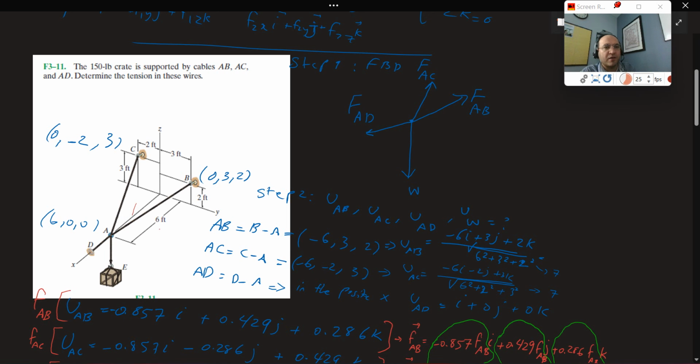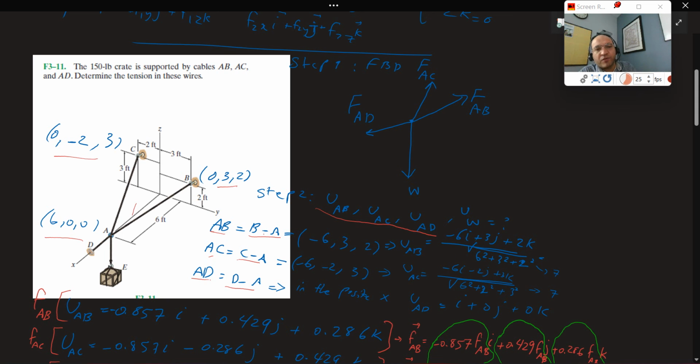That's what we did here: the coordinates of A, B, and C. The second step is to find the U of each of them: UAB, UAC, and UAD. In order to find them, AB is equal to B minus A, AC is equal to C minus A, and AD is equal to D minus A. Once I did this, I would end up with the equations that you can see here.